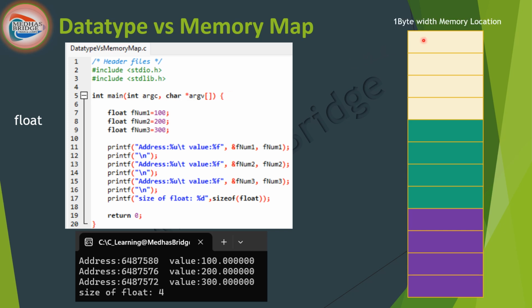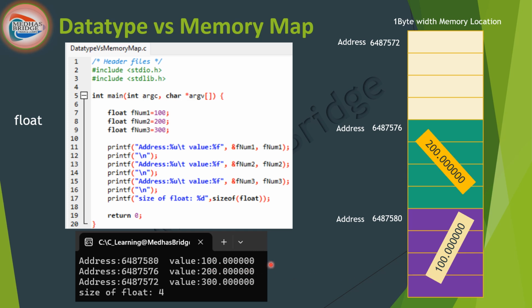If I map it, at address 372 I am storing 300, at the address ending with 76 I am storing 200, and then at 80 I am storing 100. So the values are 100.0000, 200.00000, and then 300.000. This is how you see it.